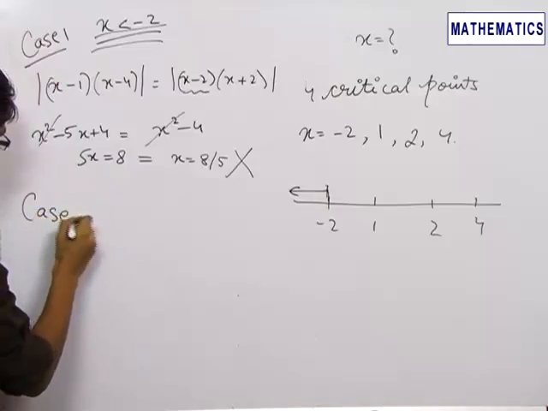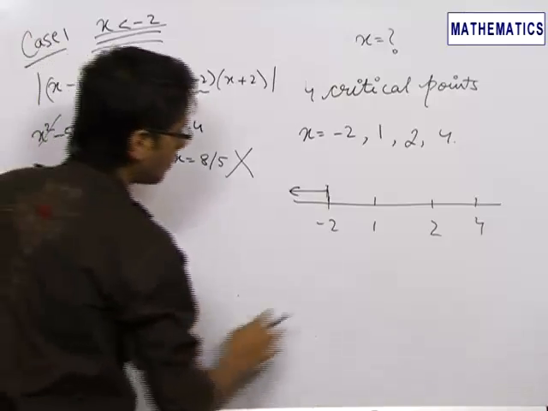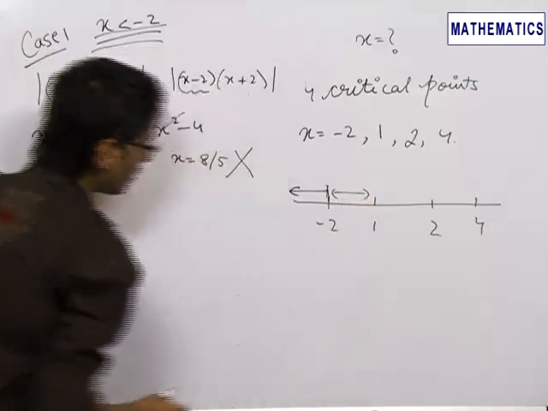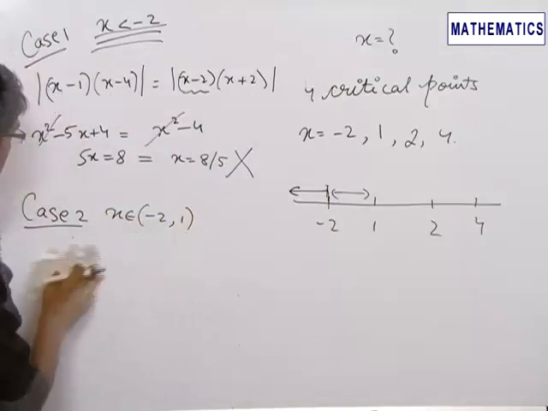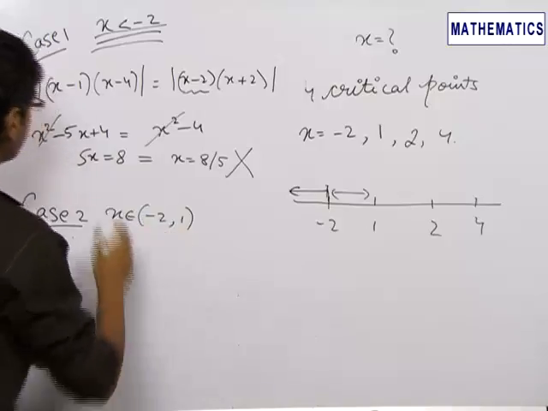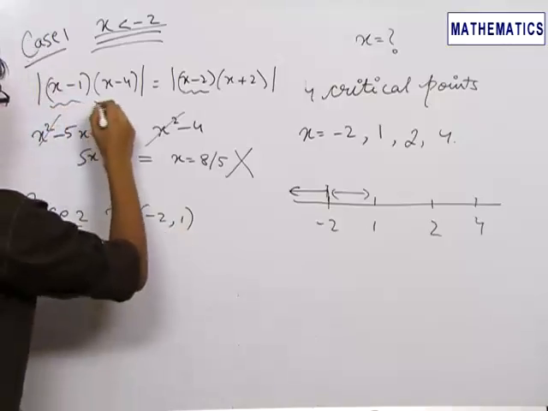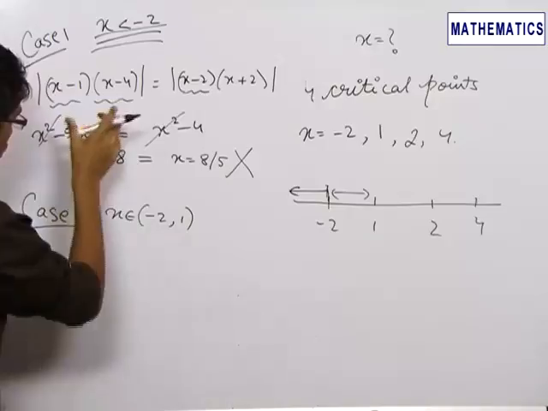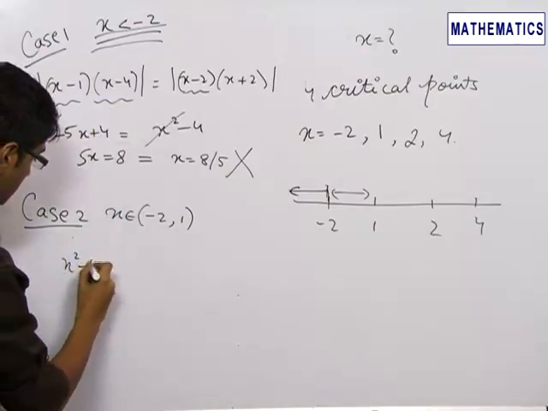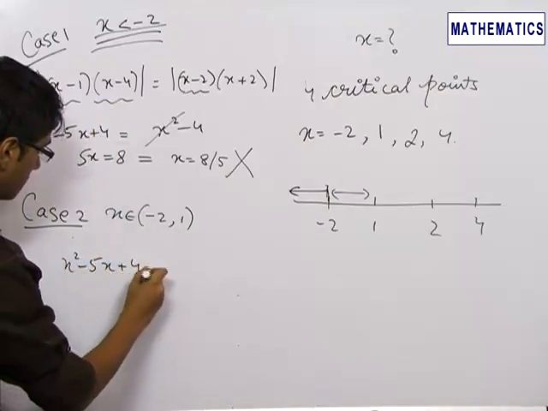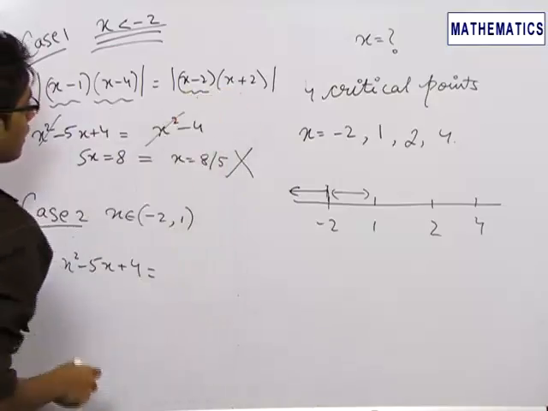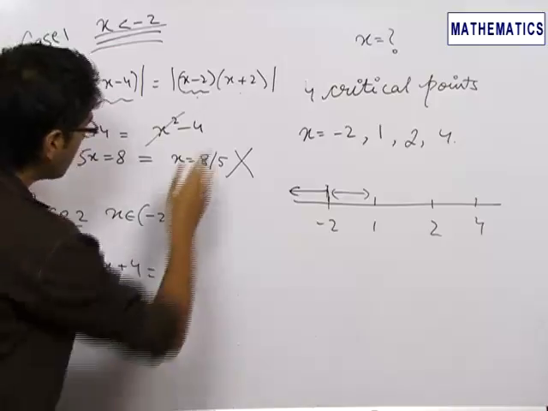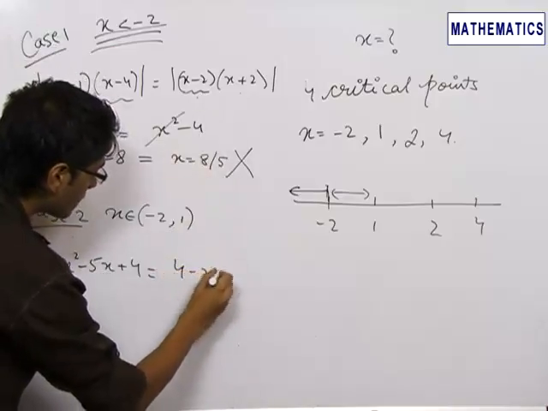Now we have case 2, in which the interval is minus 2 to 1. Now in minus 2 to 1, this is negative, so the total will be positive. Now this is positive, this is negative into positive is negative, so it will open as 4 minus x square.